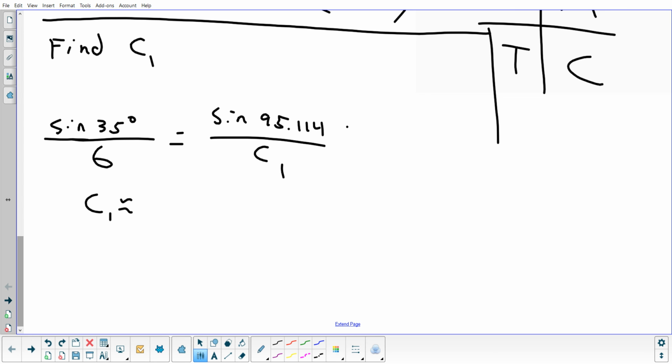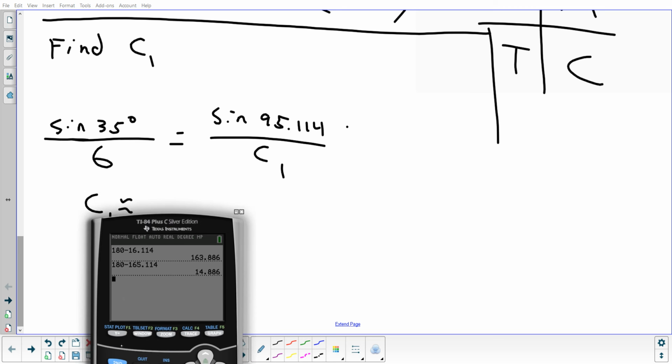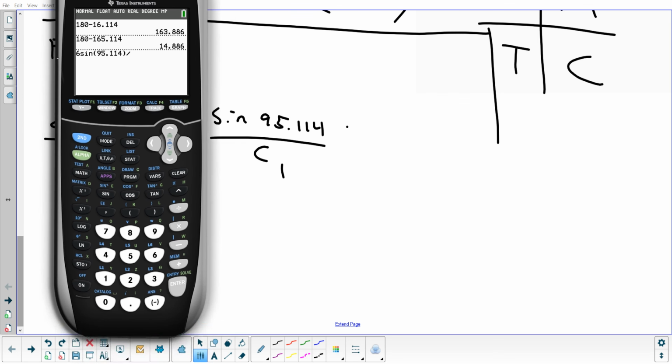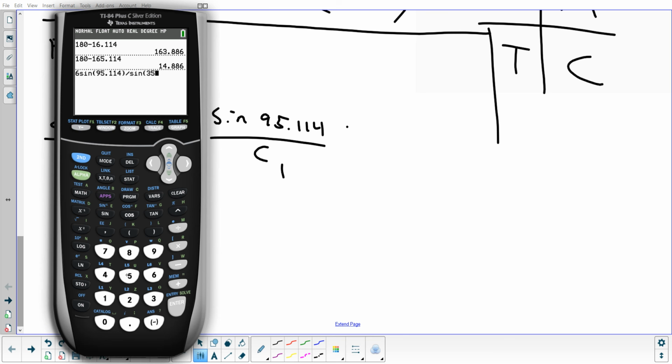So let's cross multiply and divide. We'll do it all in one step. So 6 sine 95.114 divided by sine 35. And then close that last parenthesis. That's a little sloppy, but it doesn't really matter because I didn't type anything after it.